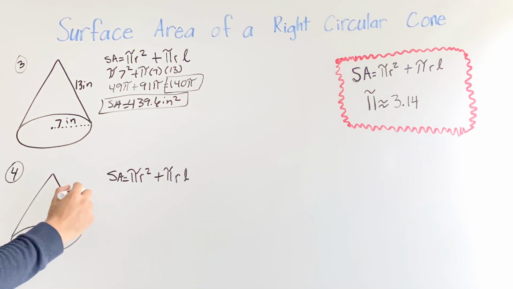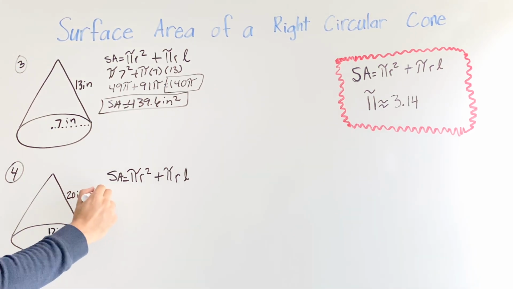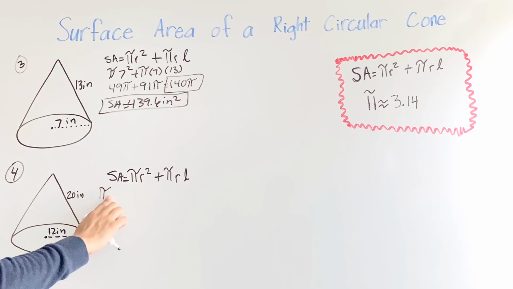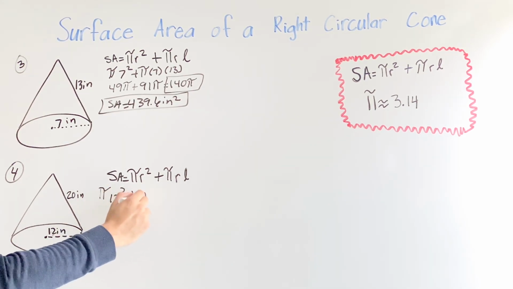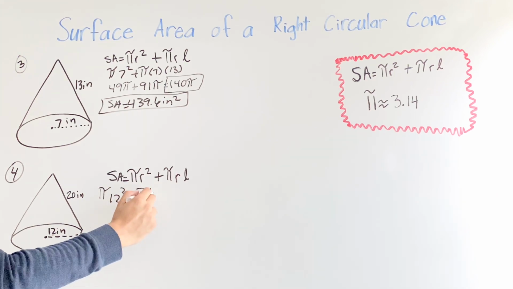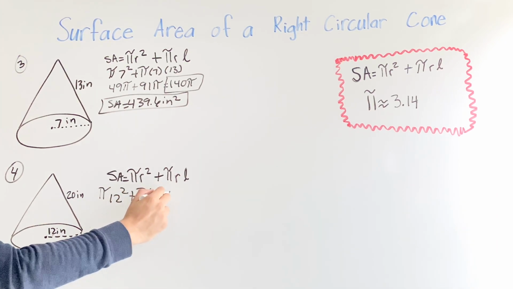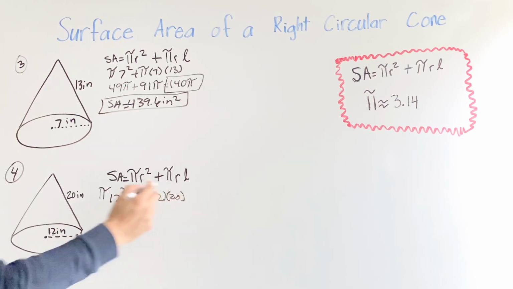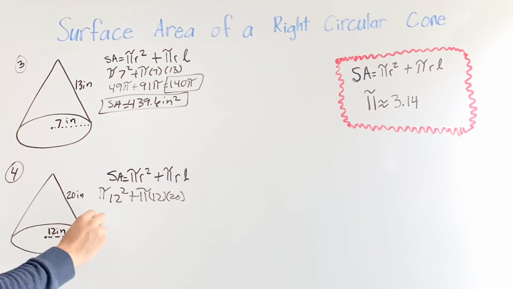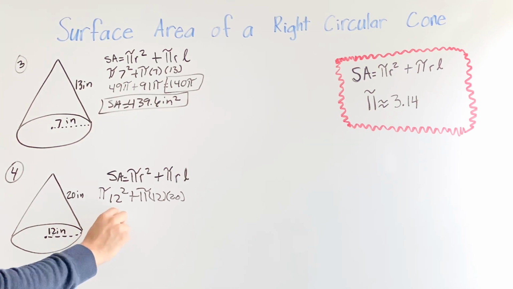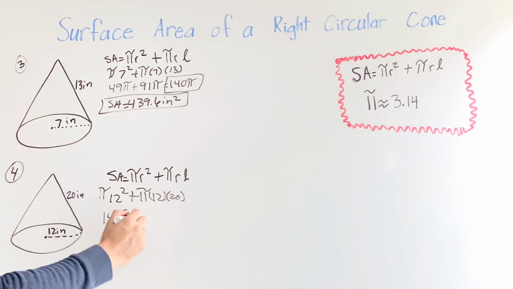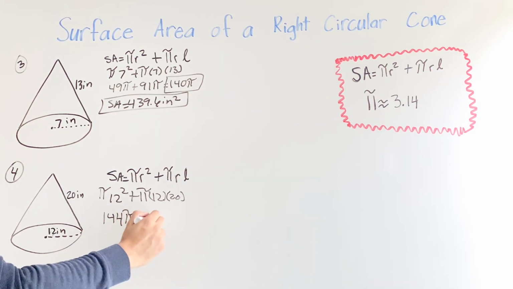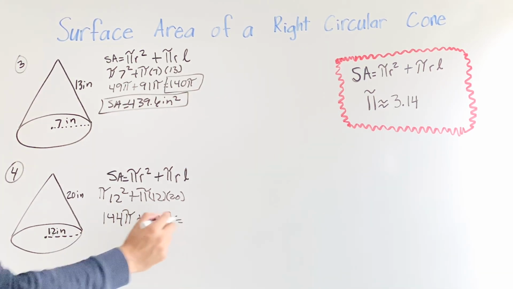And we're going to go on to number 4 now and do the same thing. We're just going to plug in pi r squared plus pi r l, and r is going to be 12. Our radius is going to be 12. Our length is going to be 20. We're going to multiply 12 times 12, which is going to give us 144 pi, plus 12 times 20, which is going to give us 240 pi. We're going to add that.